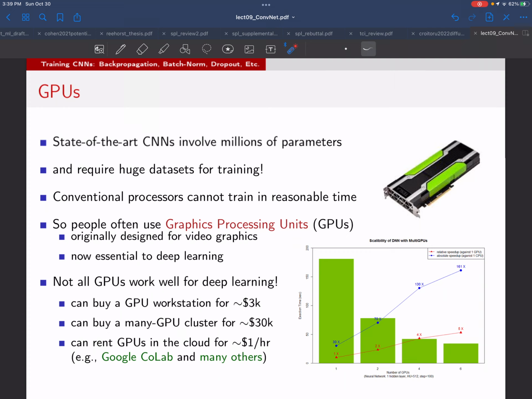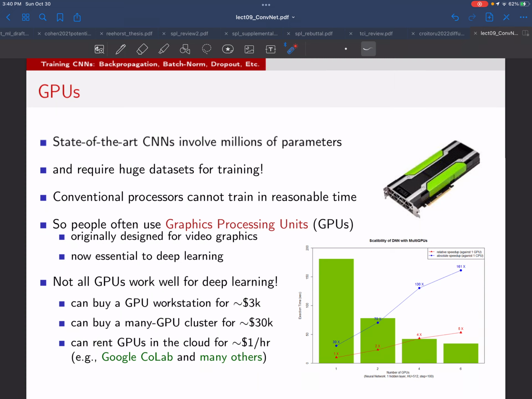Another option, if you don't want to spend all that much money up front, but you still want to do a little bit of GPU processing, is you can rent them. Google Colab is one famous source. They give you a certain amount of free credits. At some point, they want you to pay. It's not that expensive. Maybe like $1 for 1 hour of processing time.